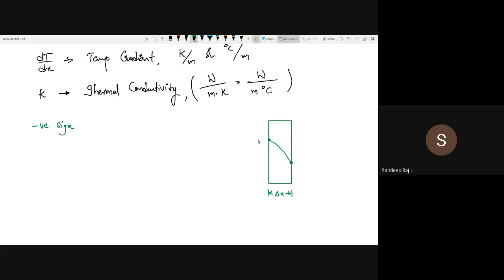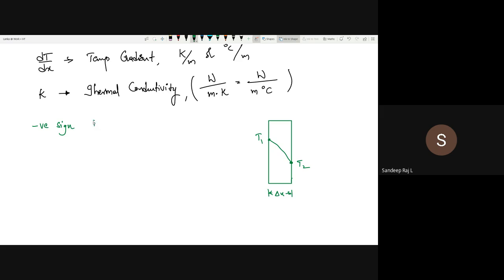This is a delta T, this is T1, this is T2, it is falling, it is reducing. If you take final temperature minus initial temperature, you will get a negative value for Q. But you want to take Q in the positive way. So in order to make Q positive, we have introduced the negative sign there. Why the minus sign?